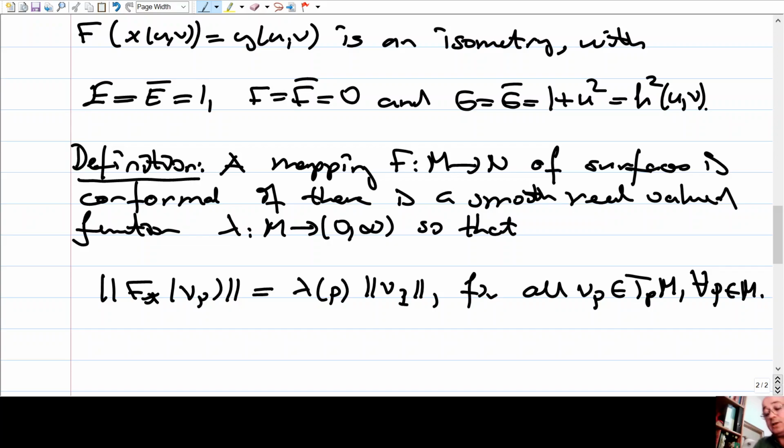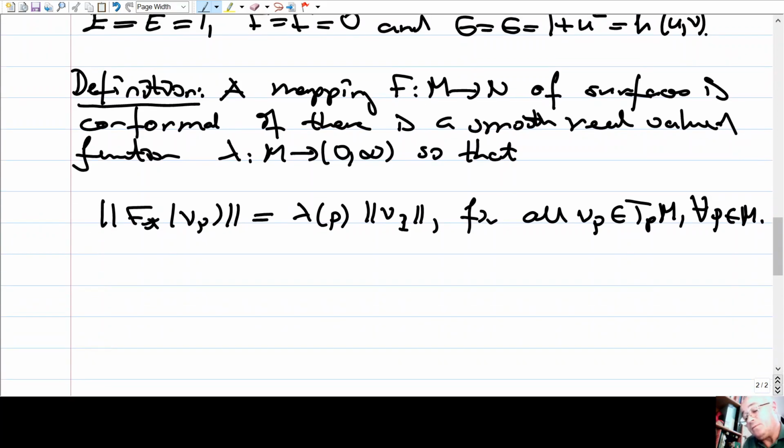Conformal maps, as is clear from the definition, don't preserve distance, but they preserve angles between vectors, and they are a very important class of maps. Actually, complex analytic maps of the complex plane are conformal maps, if they're at a point where the derivative is not zero.